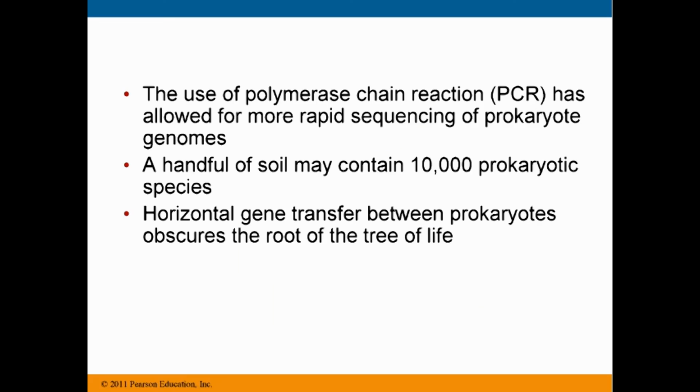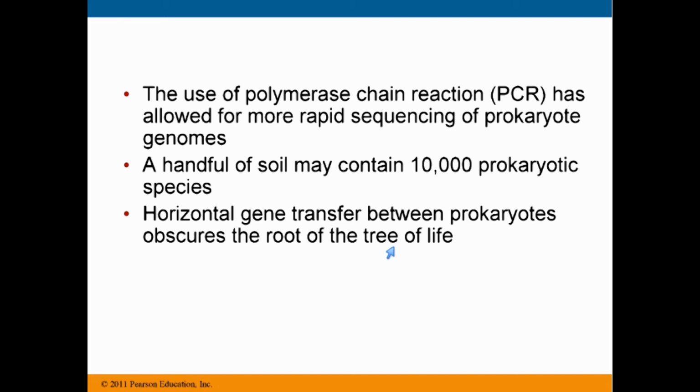They talk a little bit here about PCR. We're not getting into that. We've already talked about how a handful of soil could have so many different species. And in the last chapter, we talked about horizontal gene transfer as messing things up a little bit.